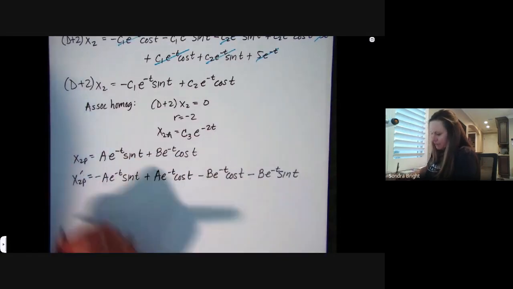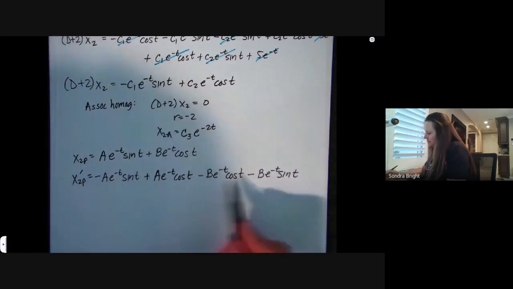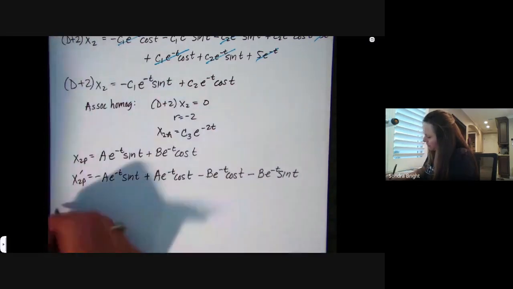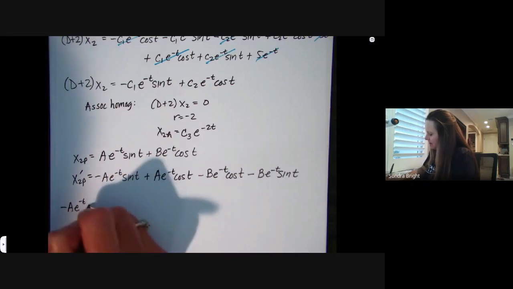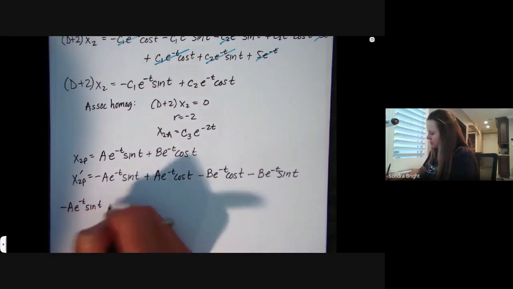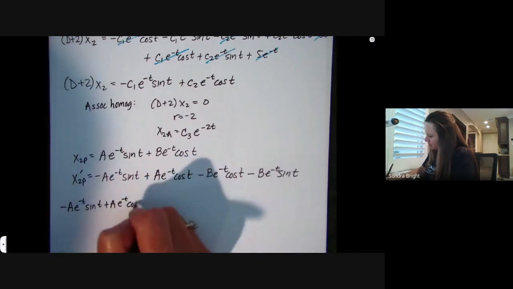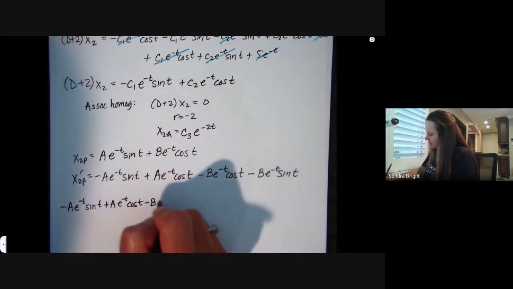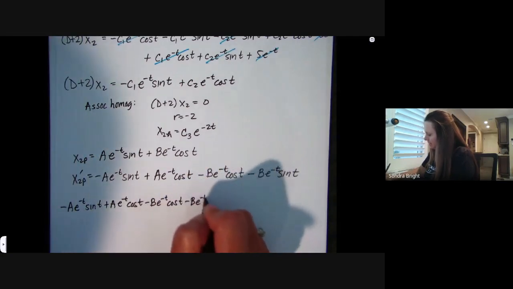Oh, goodness. Okay, I'm for sure not going to have enough room. Can I combine anything? Not really. Okay, so first derivative, negative a e to the negative t sine of t plus a e to the negative t cosine of t minus b times e to the negative t cosine of t minus b times e to the negative t sine of t.